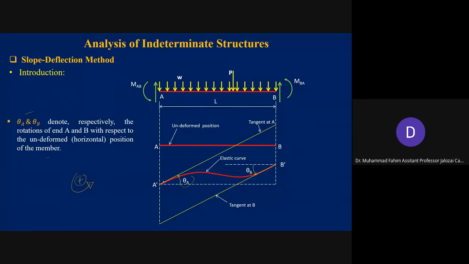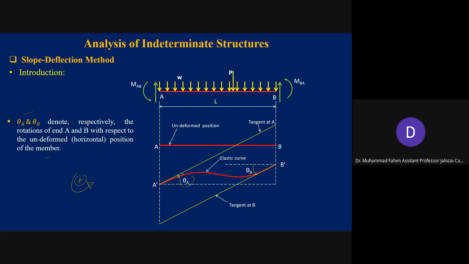You may be thinking, why are we assuming this to be bending like an S shape? We are assuming this bend shape to keep theta A and theta B both positive. All right.